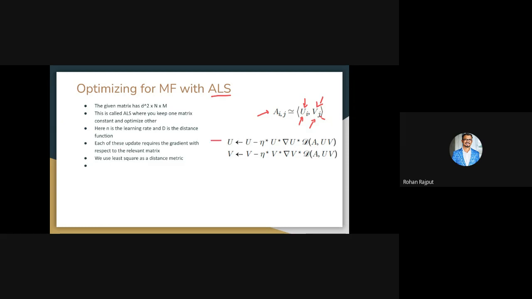For now, we see that we are updating U with the stochastic gradient descent method, where we have this eta learning rate. U is the original matrix, with the rate of change of U with respect to the varying parameter, and we have a distance function d, which is trying to minimize the distance between A and the multiplication of U and V. And similarly we do for V. Both of these matrices will update their gradients with respect to themselves.